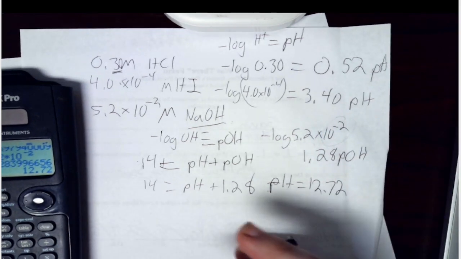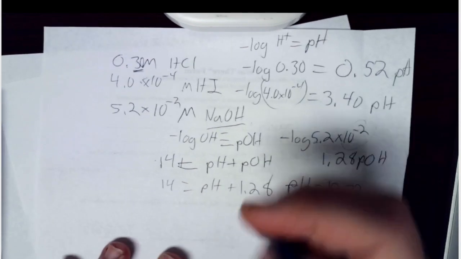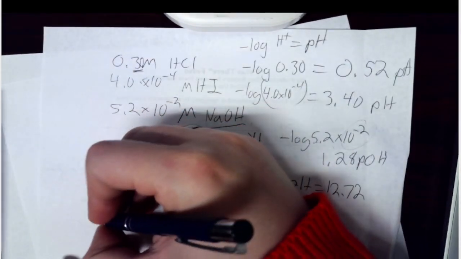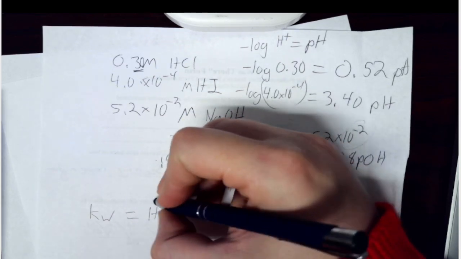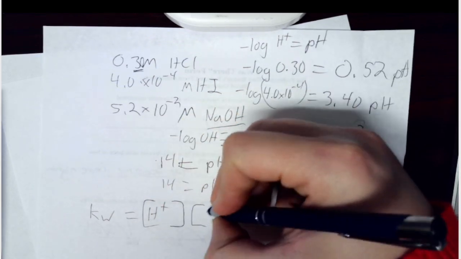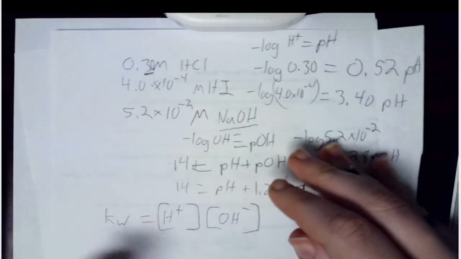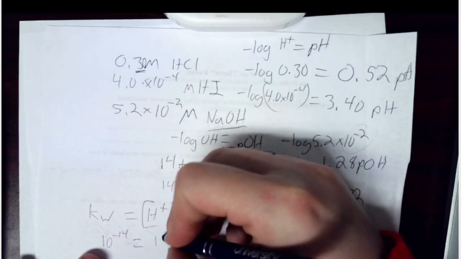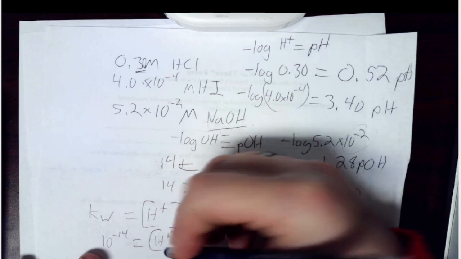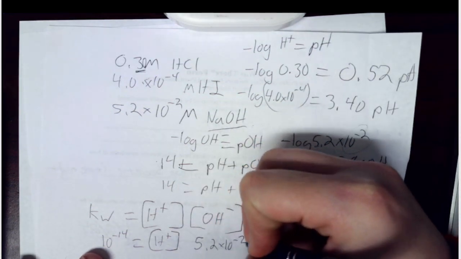Done. There is another way to go about doing this. It is the same, but I personally think it's a little bit more difficult. Kw, [H+] times [OH-]. So I'm going to find my [H+] concentration first. So 10 to the negative 14th equals [H+] times 5.2 times 10 to the negative second.